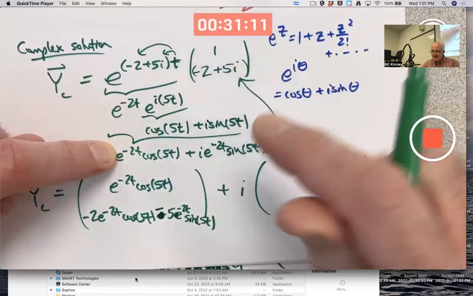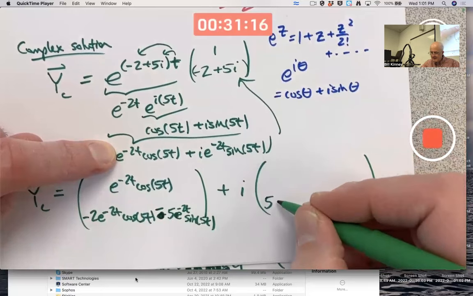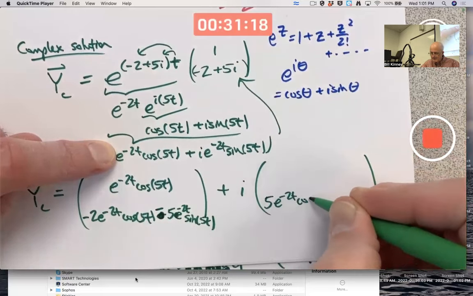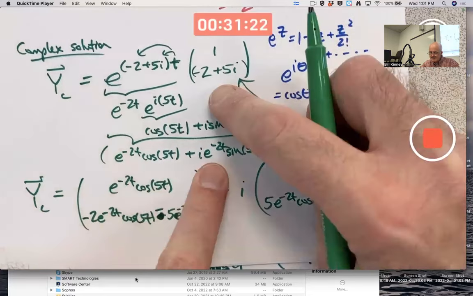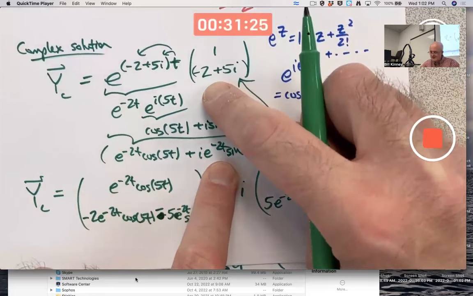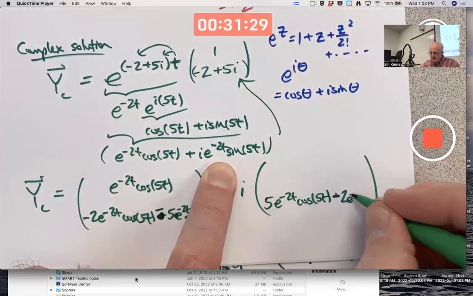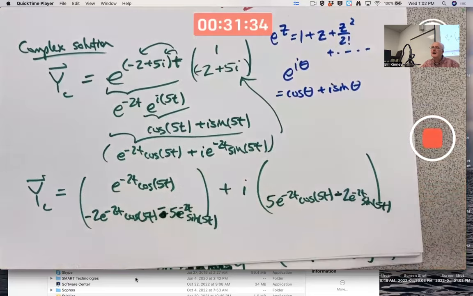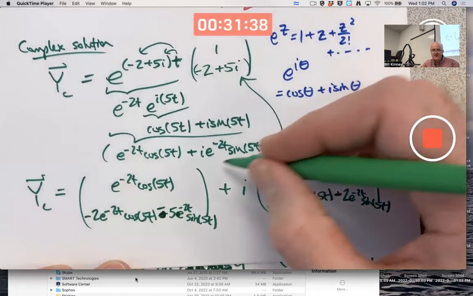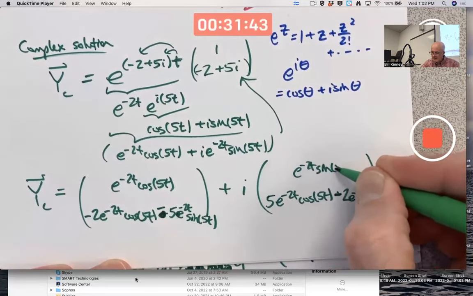The i's factor out, so I do not write an i inside the parentheses here. I write 5 e to the negative 2t cos 5t. And then inside times inside is going to be minus 2 e to the negative 2t sine 5t. And then for the first component, the part that involves the i is just this part, e to the negative 2t sine 5t.